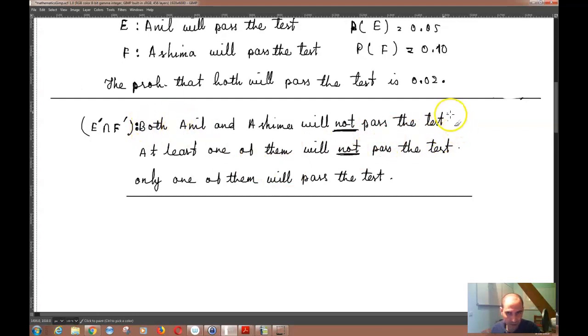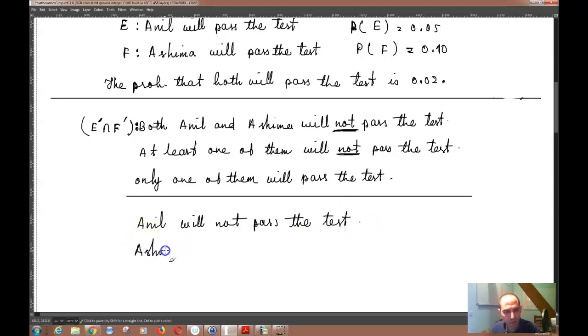I could break this statement down as Anil will not pass the test, and also Ashima will not pass the test.